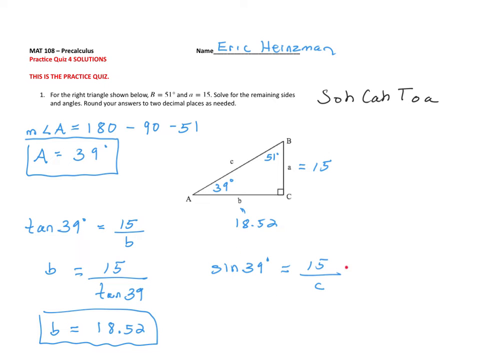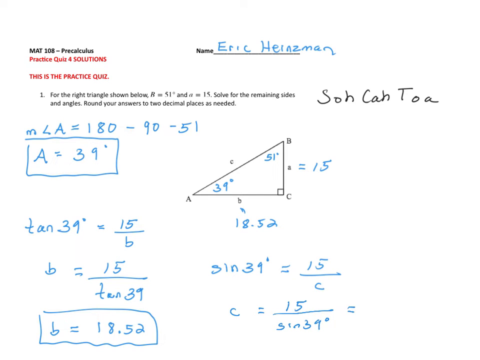The process for solving this for C is going to be very similar to what we did here. That is, I'll multiply C to this side while dividing both sides by sine of 39. C is equal to 15 divided by sine of 39 degrees.